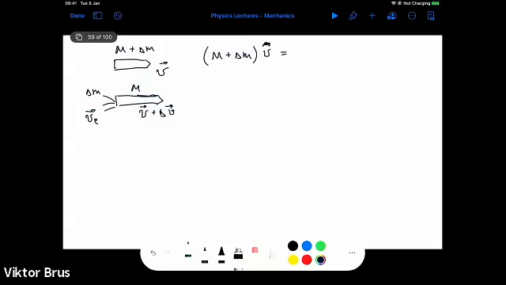Then let's consider what we have after burning the fuel. So we have the mass of our rocket times V plus delta V. It gained some velocity and of course momentum.